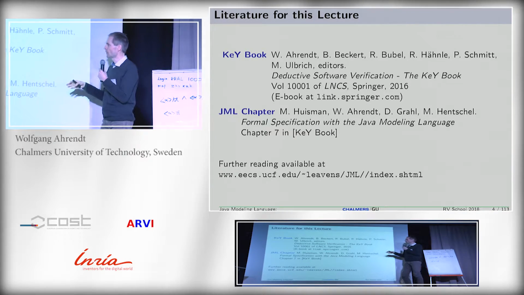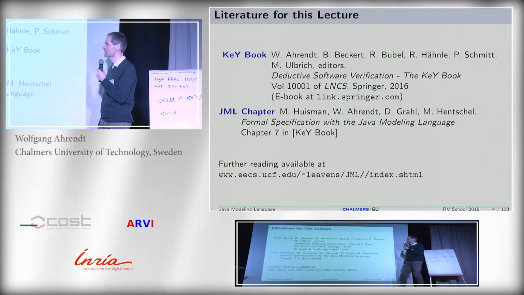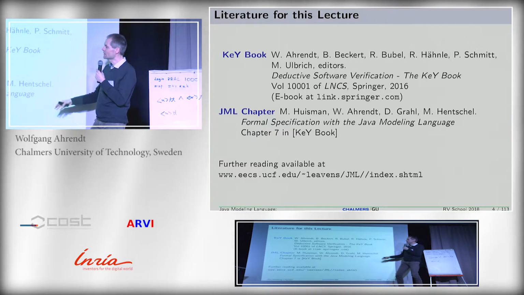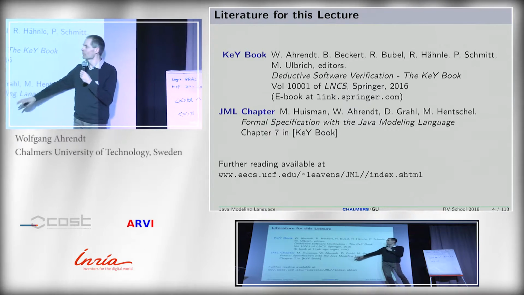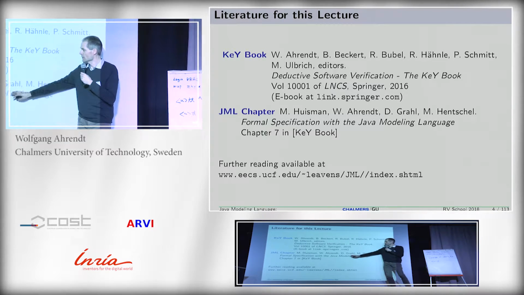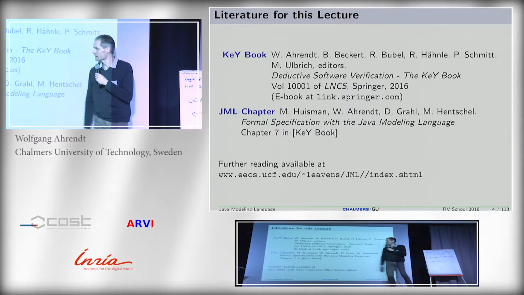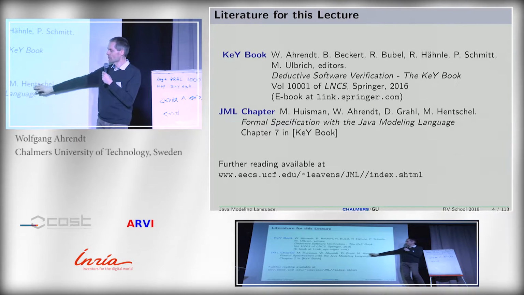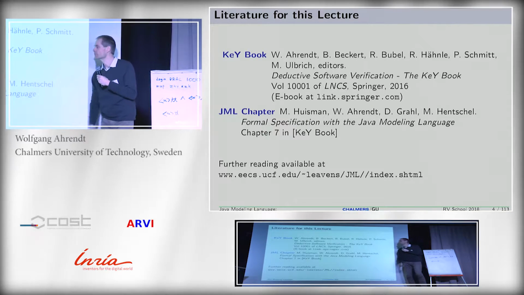And that is a state-of-the-art verification system for Java, and it uses JML as a front end. So a lot in this book is not so relevant for this lecture now, but here you find what I'm talking about, and you find much more.